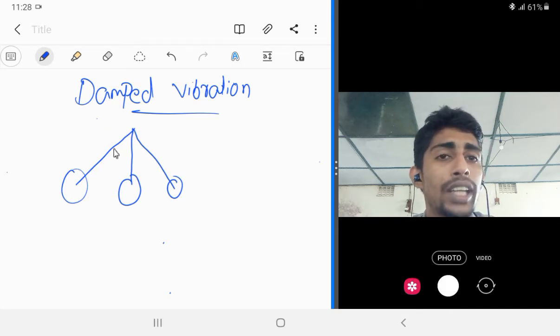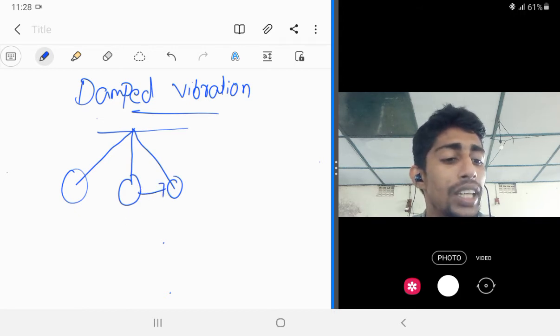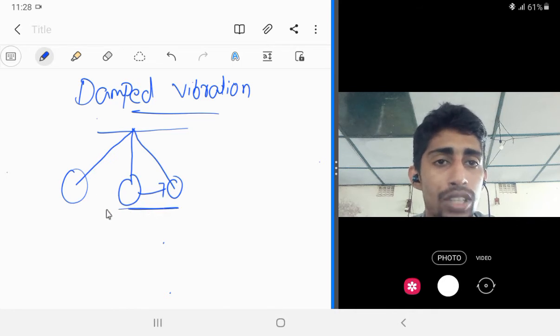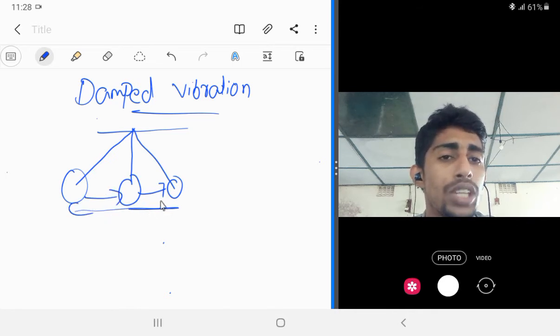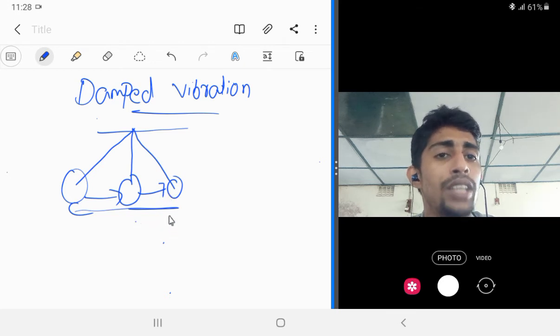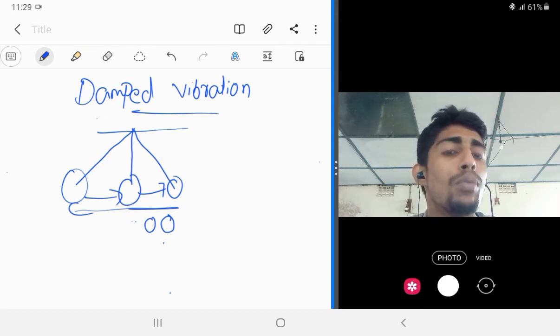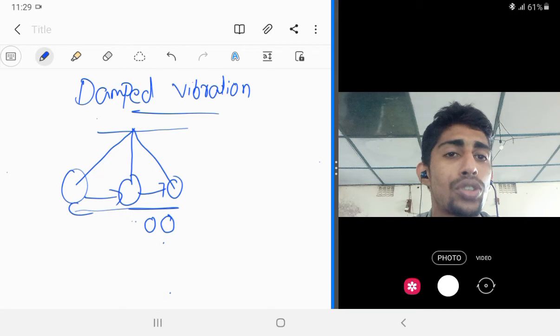Suppose you take the case of a simple pendulum. Firstly the object travels up to this much distance. Then after one complete oscillation, it won't travel up to this much. It may travel only this much. Next time it will travel only this much. After some time, the movement of the object will stop.